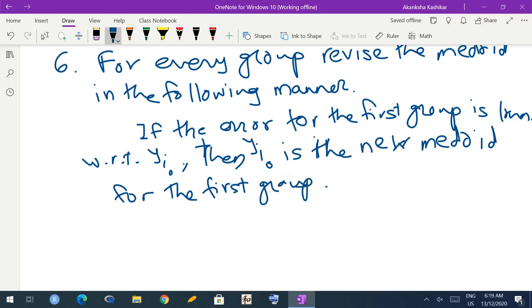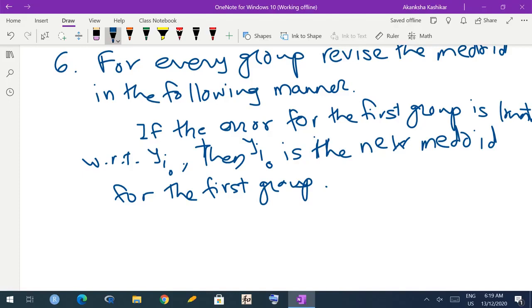If the error for the first group is lowest with respect to the ith observation, then that observation becomes the new medoid for the first group.